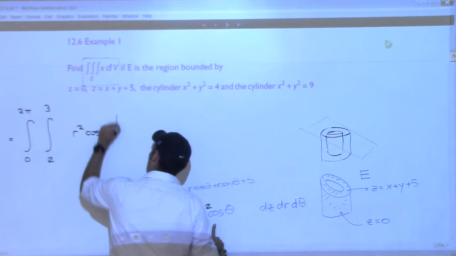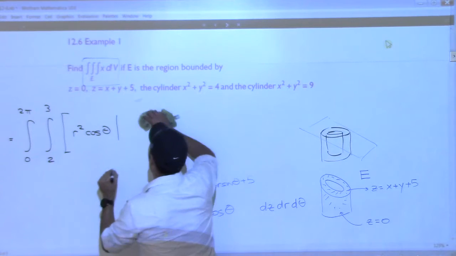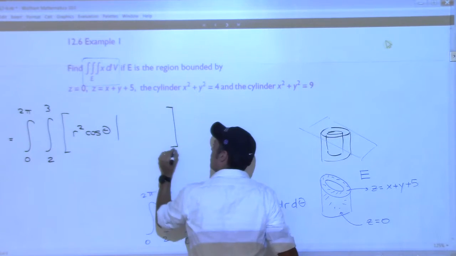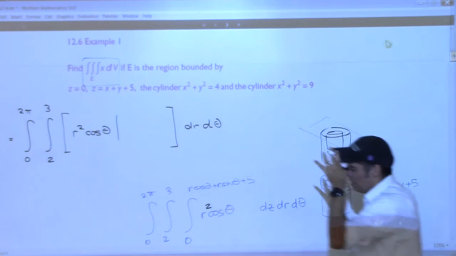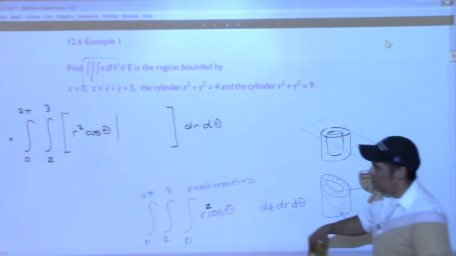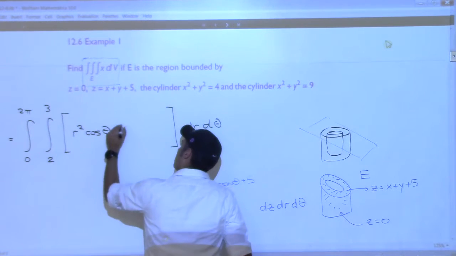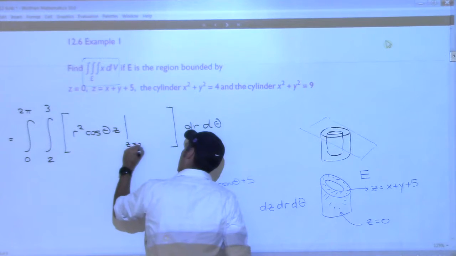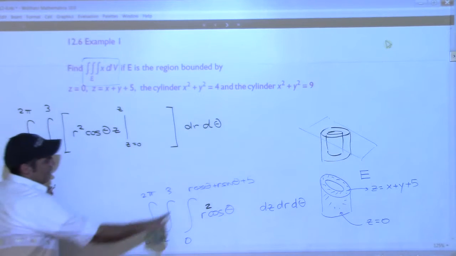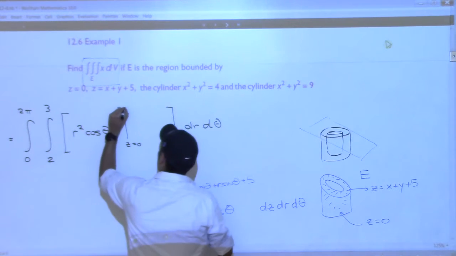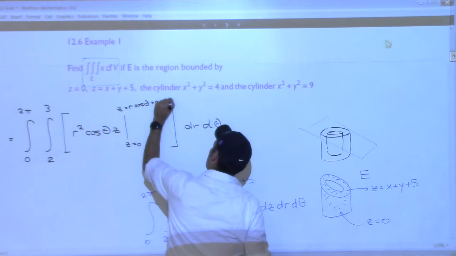We're going to evaluate that, put this in brackets, dr d theta. So where are we evaluating? From what to what? From z, I forgot the z, didn't I? Oops, sorry. From z equals 0 to z equals all of that, right? R cosine theta plus r sine theta plus 5.